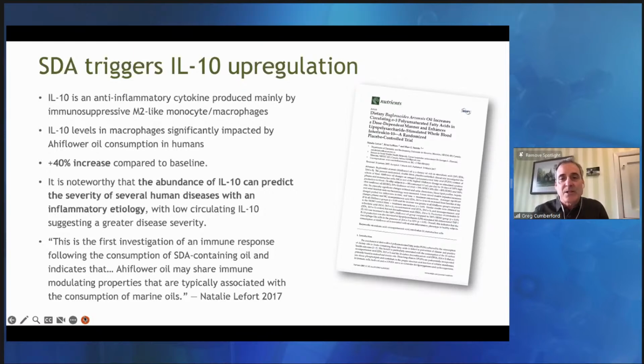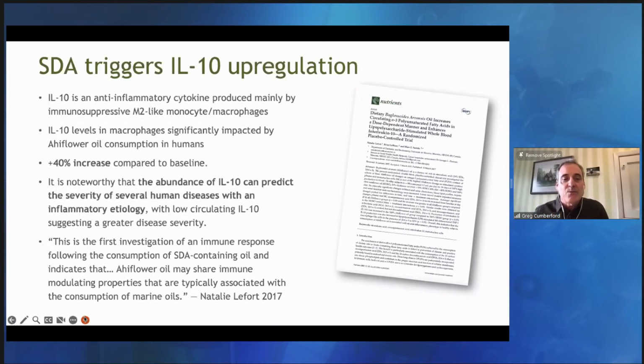In the human clinical trial that they published back in 2017, they noticed a plus 40% increase compared to baseline in immune macrophage cells. And they noted that the abundance of interleukin-10 can predict the severity of several human diseases with various kinds of pro-inflammatory etiologies.